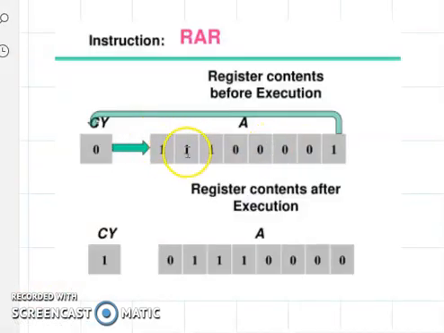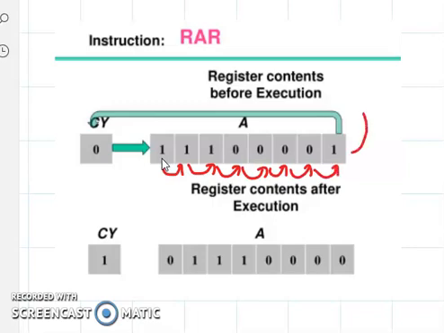In this case, just similar to the earlier one, that is RAL, here we are using RAR. RAR means we are shifting the content of the accumulator towards right. That means this content is shifted to here, this is shifted to here, and so on.